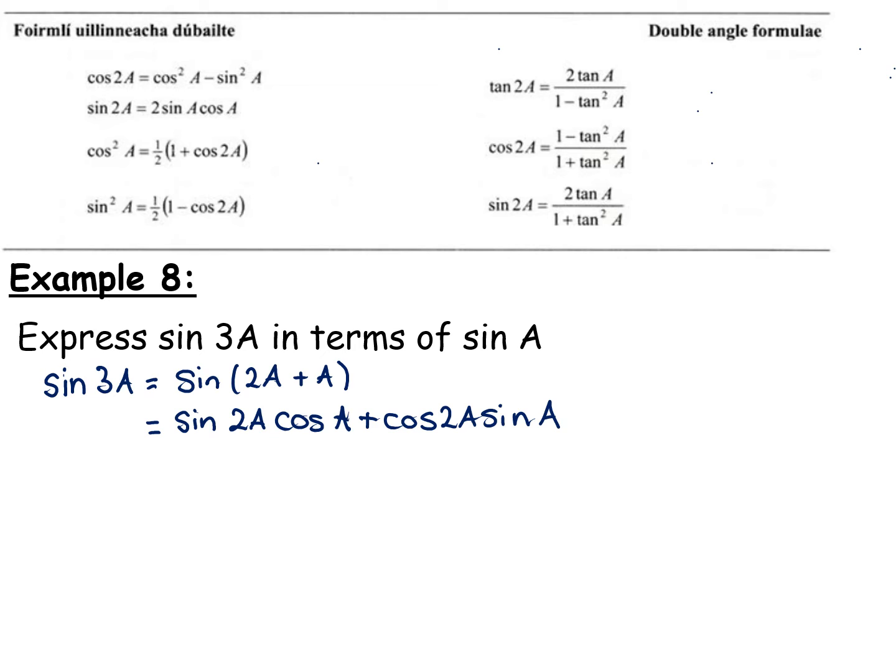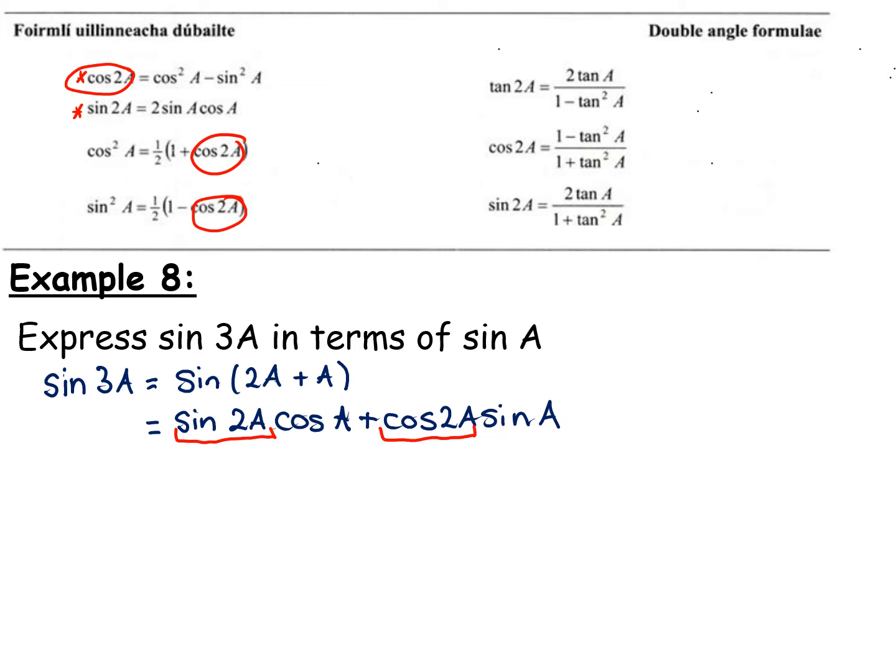Okay, so that's our little piece now. We then want to split this 2A in the sine 2A and the cos 2A using our above formula. So sine 2A and cos 2A. Okay, now for cos we could use this one or this one.